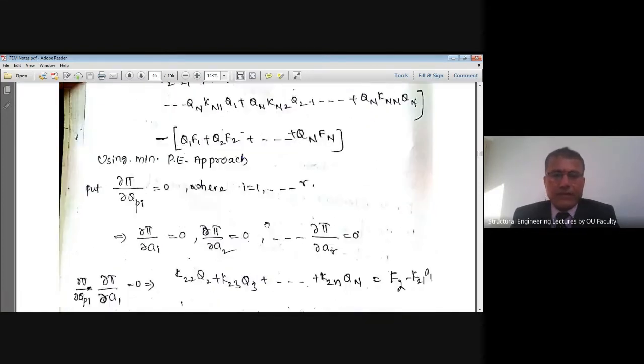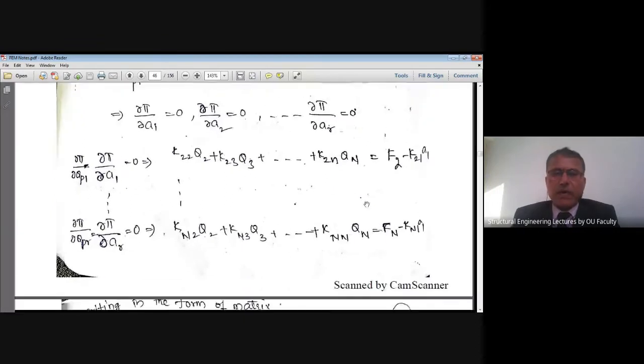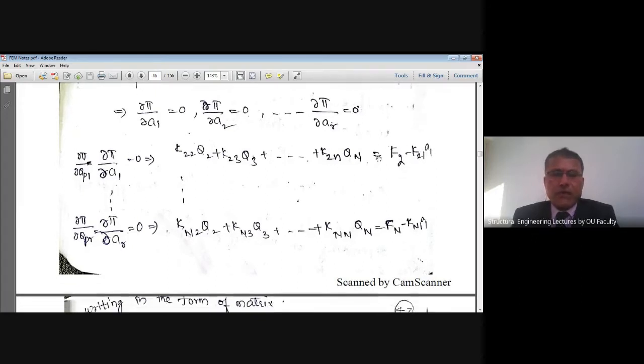And so this term which was on the left hand side goes to the right hand side, making the equation F2 minus K21 A1. By this time, A1 is already a known value, maybe so many mm multiplied by the stiffness, maybe Newton per mm, which gives so many newtons, directed from F2. Hence, on the right hand side, I have a known numeric value of force. Net effective force is known, which is equal to K22 Q2, K23 Q3, up to K2n Qn.